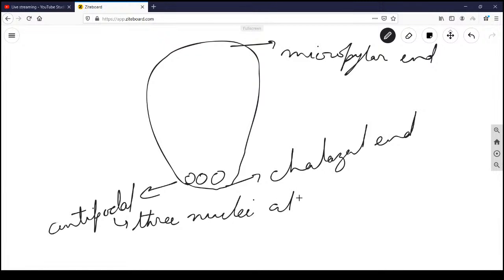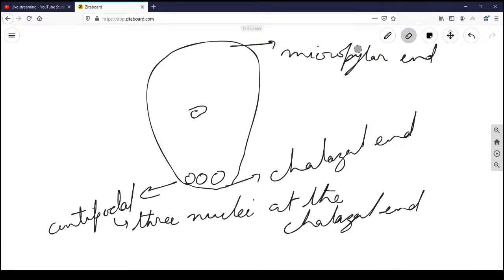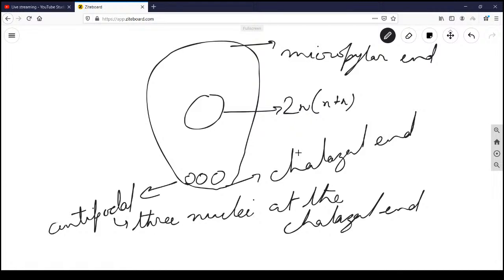In the middle you have a huge nucleus. This is not tetraploid, sorry, it is a diploid nucleus, 2N, because N and N have mixed, fused.